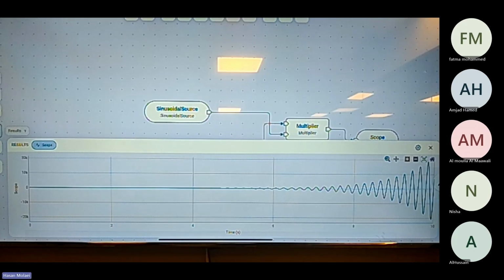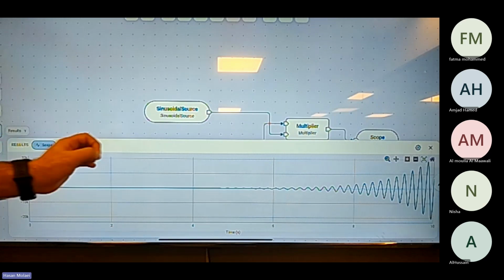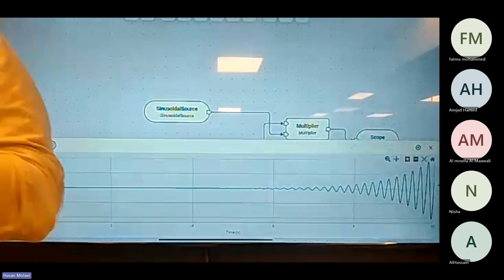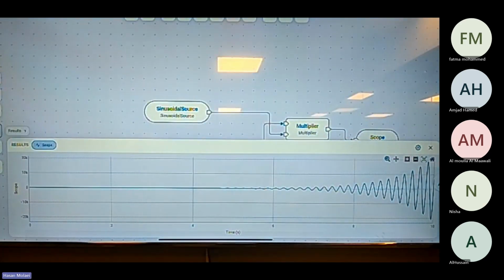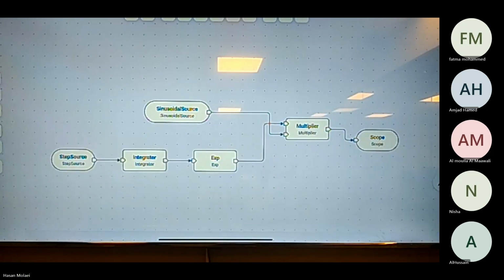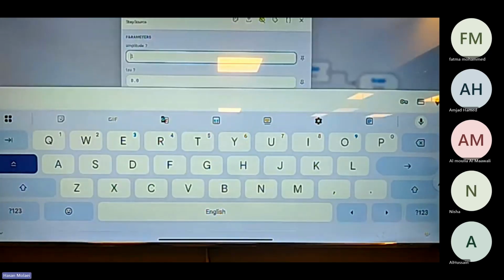Let's say we will look at that. One small signal can make a bigger one. How can I make that big one? I need to amplify it.